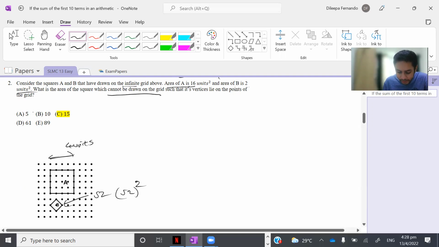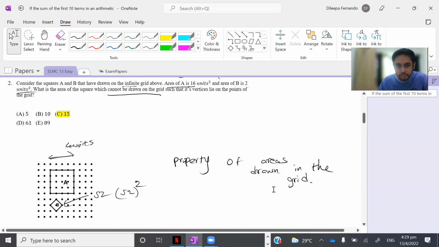So how can we arrive at that? We need to find a property of areas drawn in the grid. So what is the property?